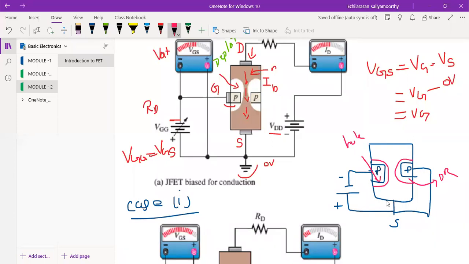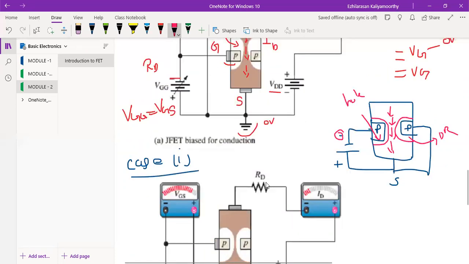Here it is connected to negative, so it will attract the holes, same here. Automatically, the depletion region will reduce here. So then there is a chance of current flowing like this.